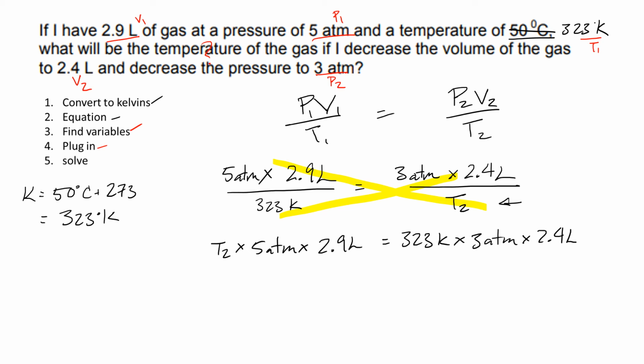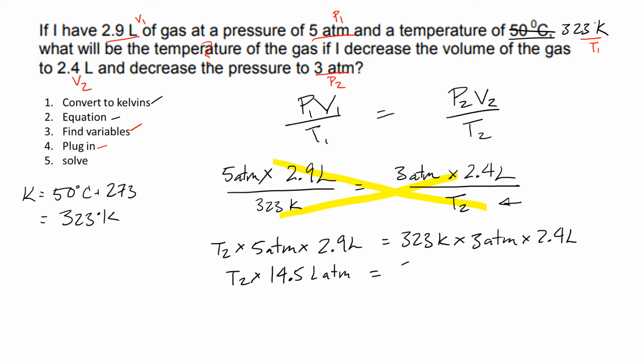Not a bad idea to just simplify now. So 5 times 2.9, I got 14.5 liter atmospheres times T2 is equal to 323 times 3 times 2.4.